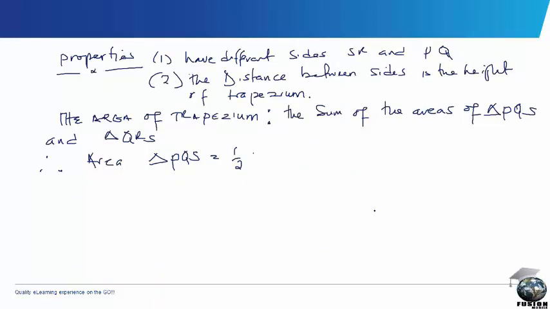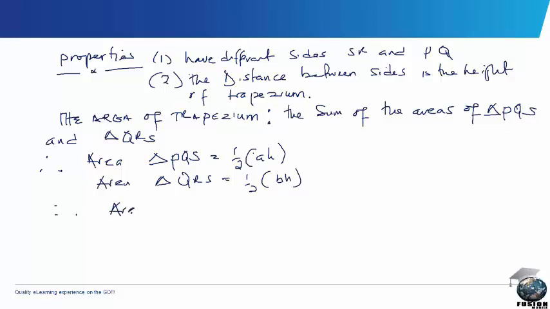So all we are saying is that the area of triangle PQX is half A H, and the area of triangle QRX is given as half base times height, half B H, where A and B denote the two different sides that are not equal, and H is the height.